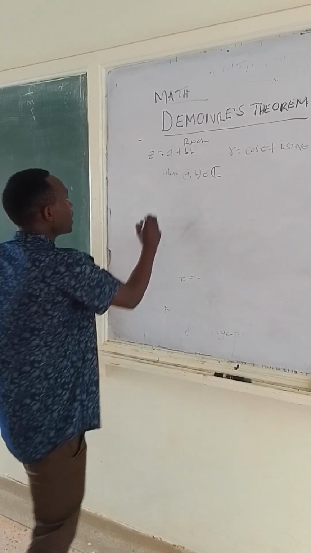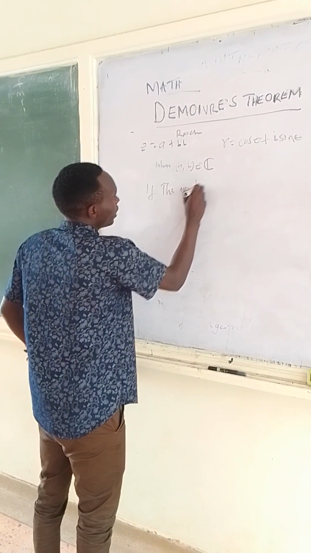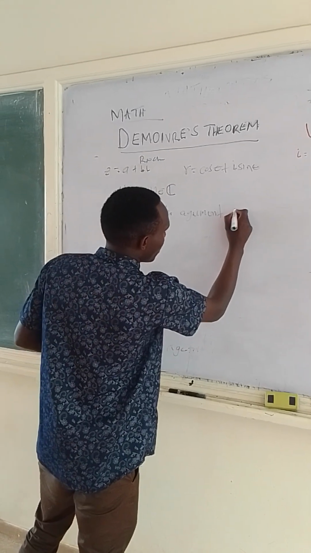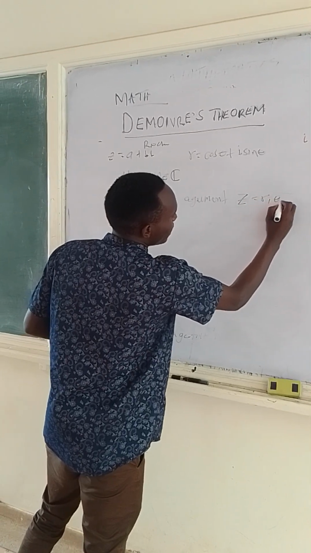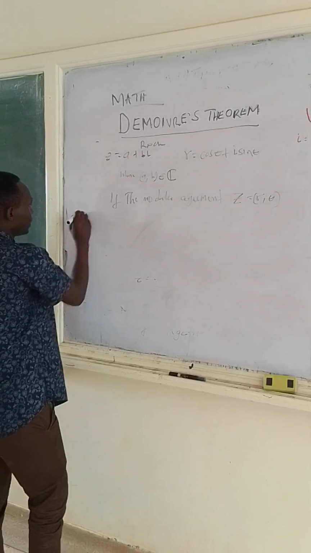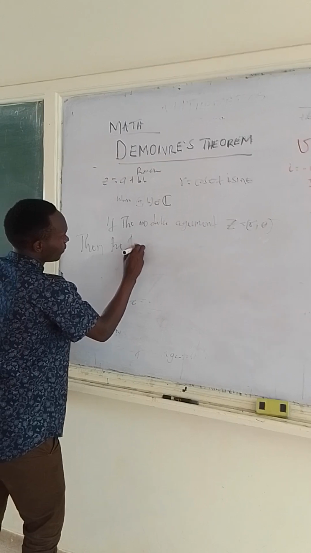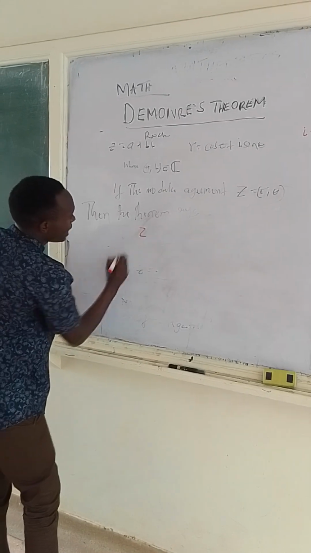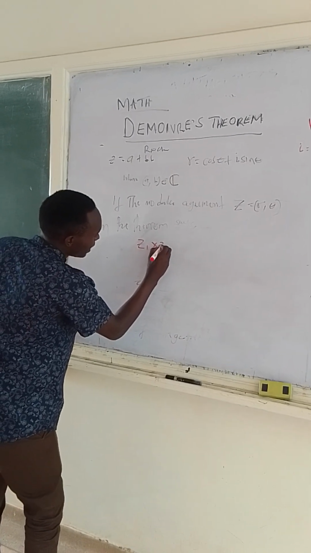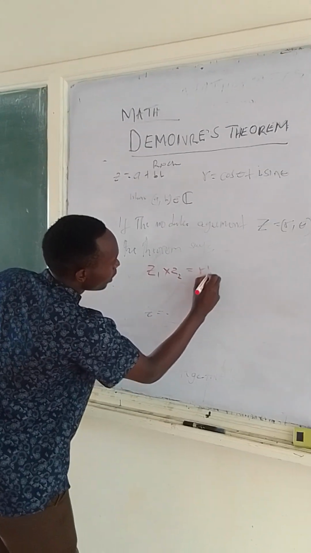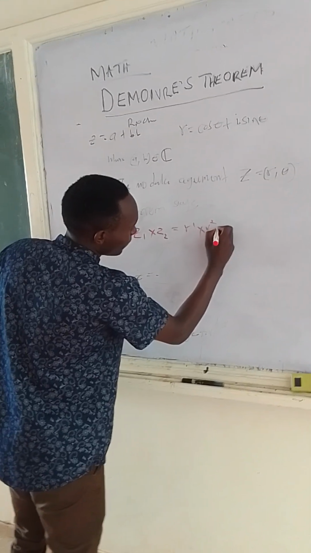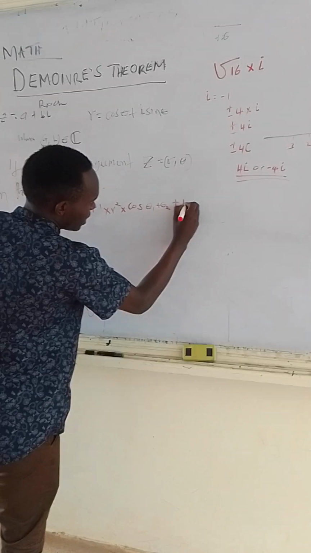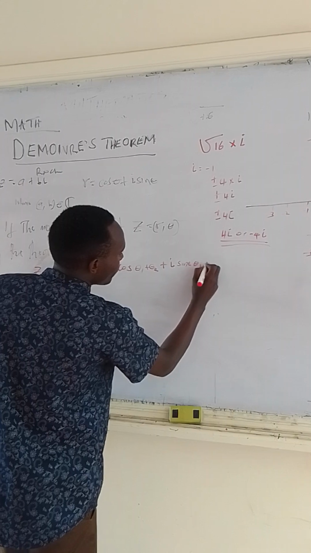So De Moivre's theorem states that if the modulus and argument of z are r and theta, then if I have z1 multiplied by z2, it is the same as r1 multiplied by r2, then multiplied by cos of theta 1 plus theta 2, plus i sin of theta 1 plus theta 2.